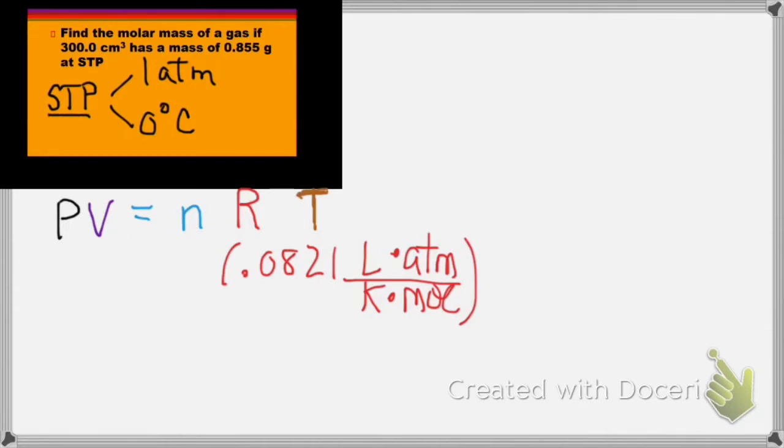Recall that STP conditions means the temperature is 0 degrees Celsius and the pressure is 1 atmosphere. So we can easily plug in our 1 atmosphere for pressure, since that is what our R value is telling us we need for the particular unit.